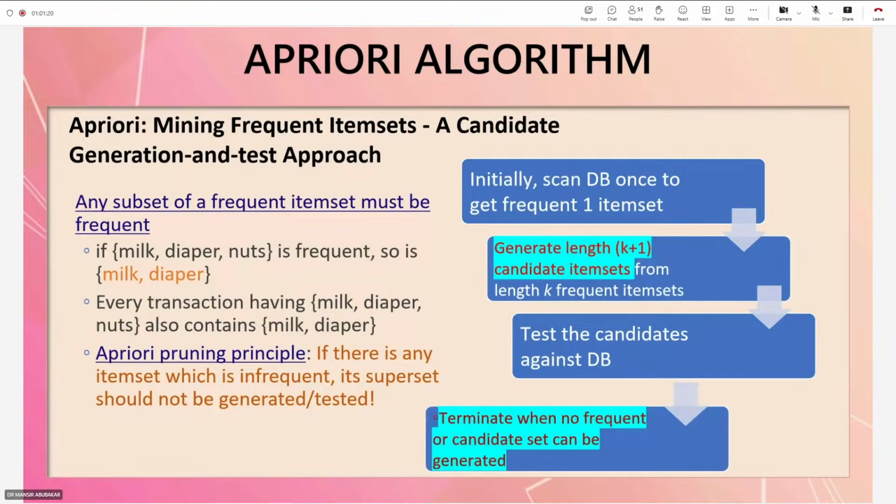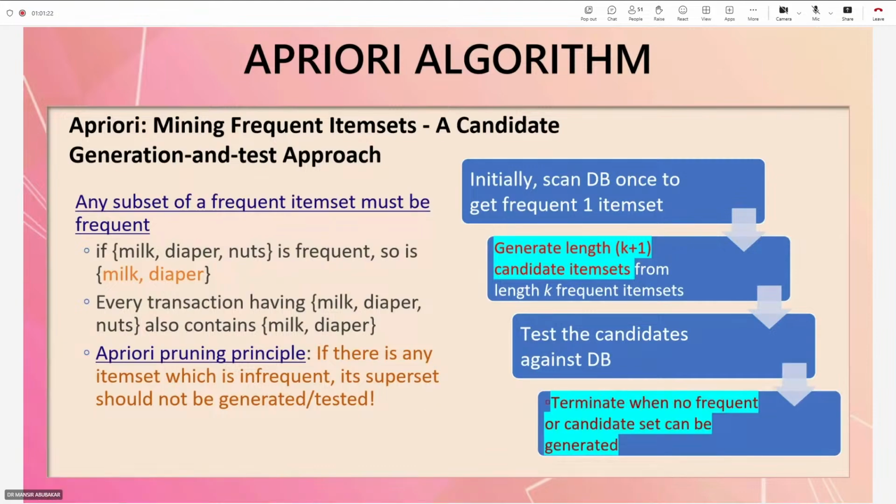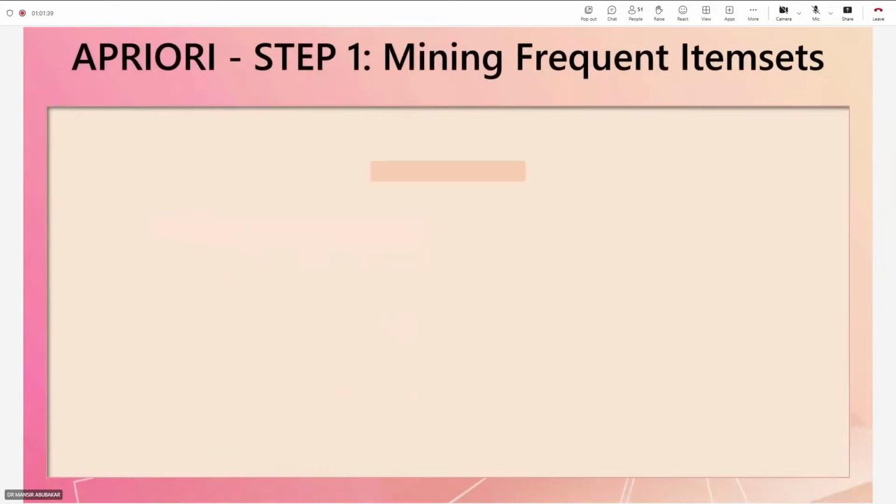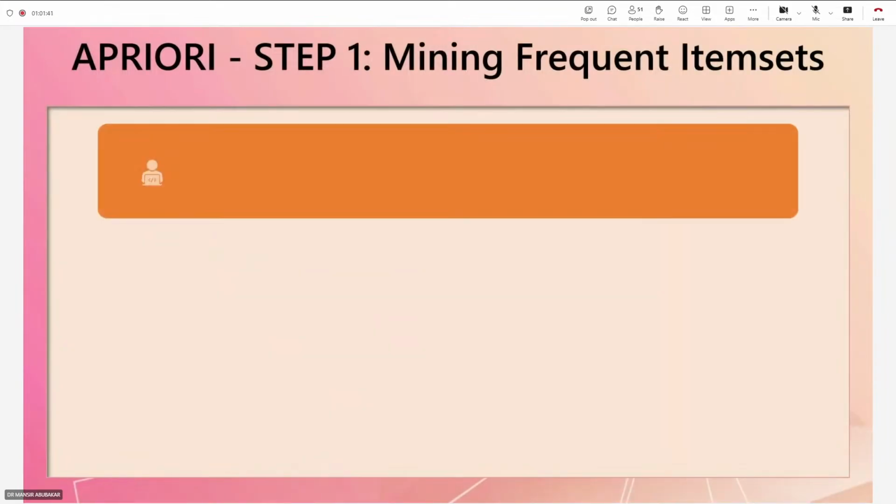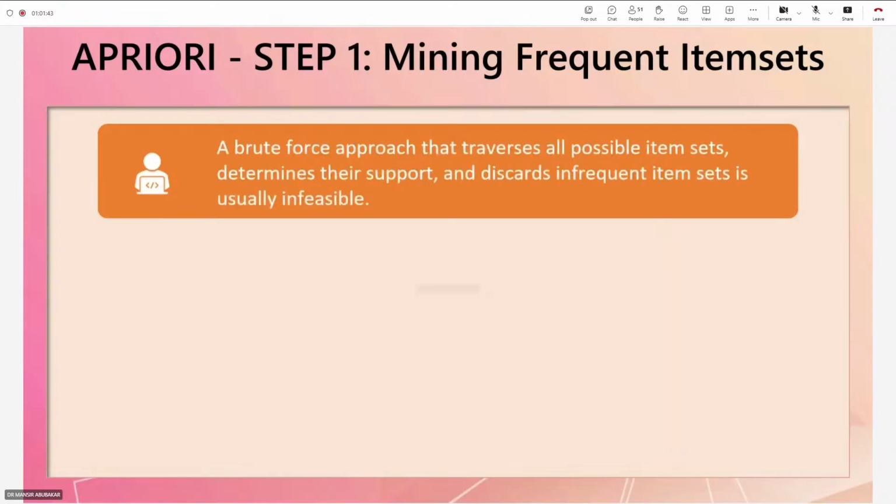Finally it will terminate when no frequent or candidate set can be generated. So this is simply the flow of the Apriori algorithm, how it works in generating the rules. So let's follow the steps one by one and see how this Apriori is working.